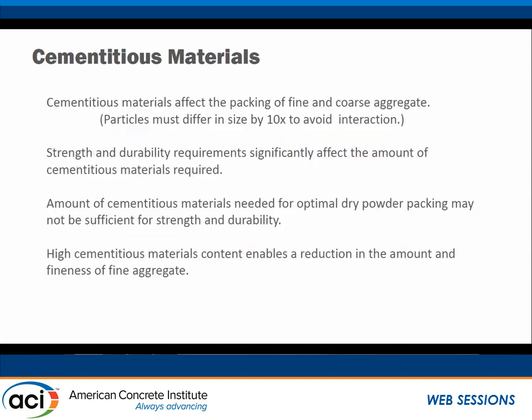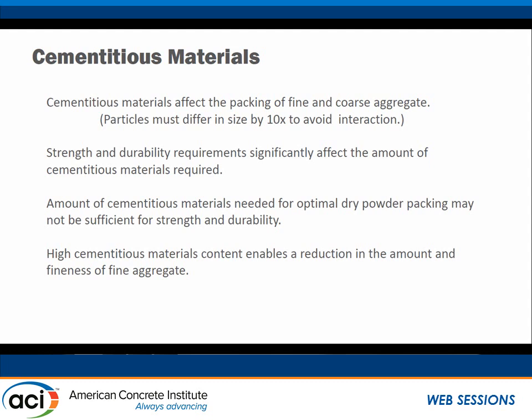The next constraint we can talk about is our cementitious materials. Those are going to affect the packing of the coarse and fine. So when we look at coarse and fine aggregate in isolation from the cementitious materials, the optimal packing we calculate for the aggregate may not be the same once we consider the cementitious materials. In general, in the literature, the rule of thumb is that if the size of the particles differs by 10 times, there's no interaction between those particles.